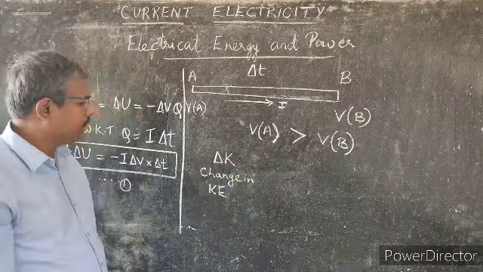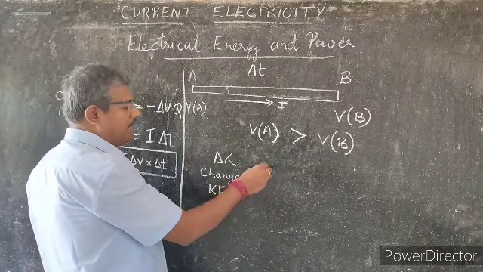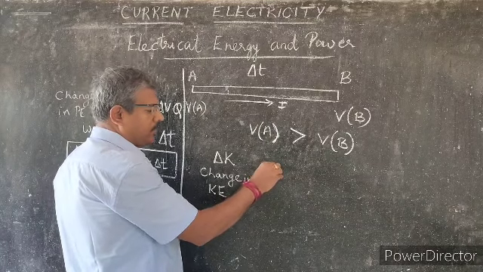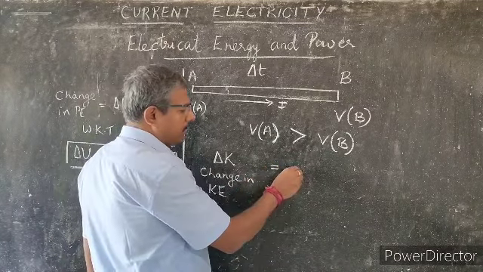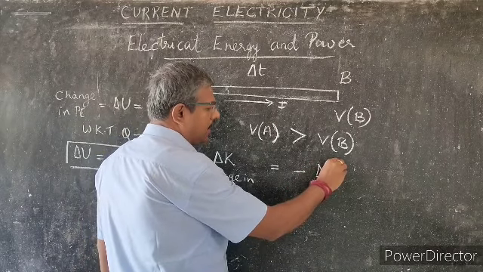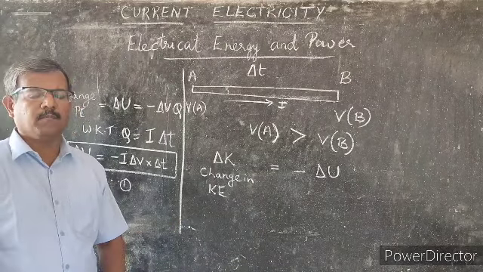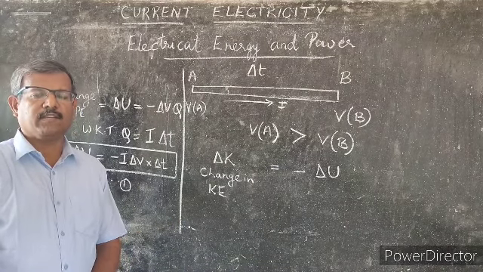In that case, I can safely say that the change in kinetic energy should be equal to the negative of the change in potential energy. That goes because of the law of conservation of energy.